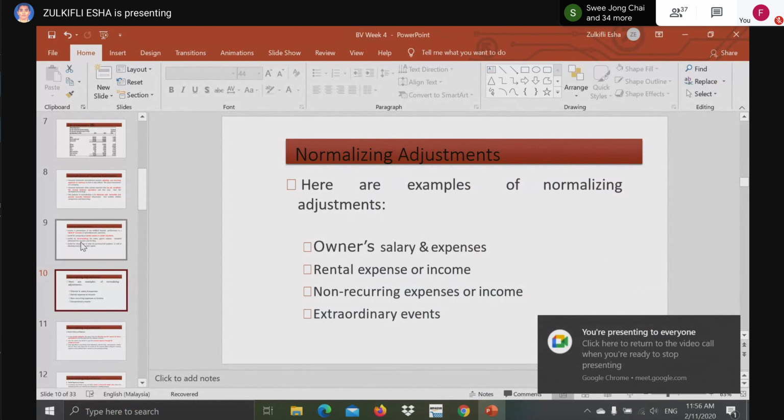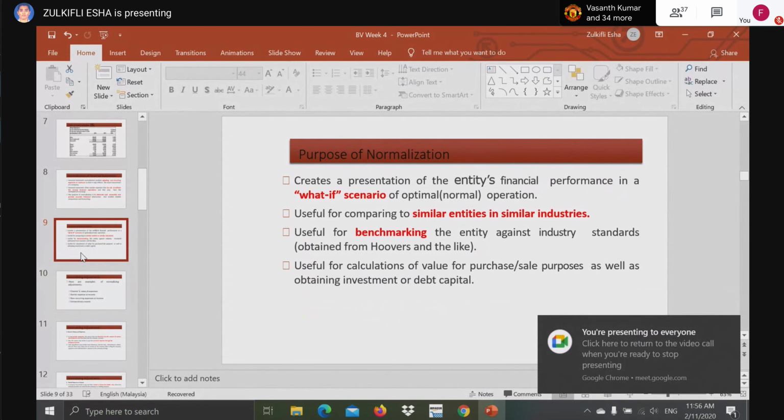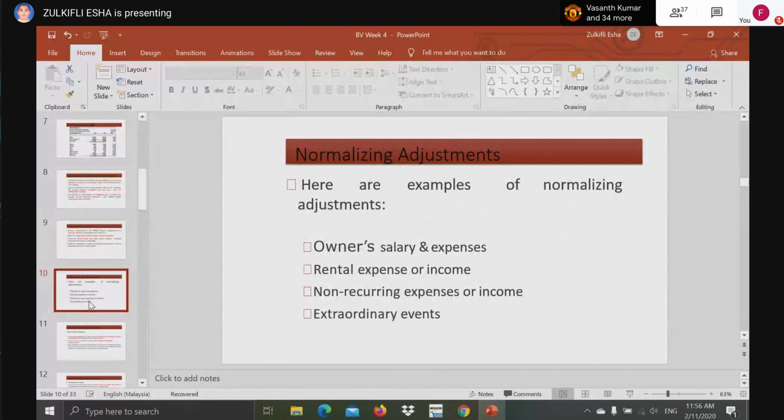So just now was the purpose of normalization. This is normalizing adjustment. Here are some examples of normalizing adjustments. You may need to adjust the owner's salary, or the rental income or rental expenses, or any non-recurring expenses or income, or extraordinary events.